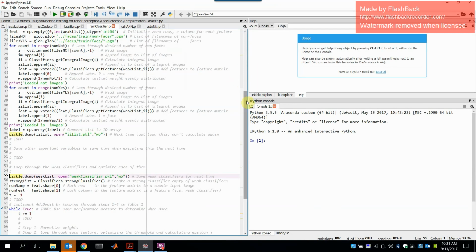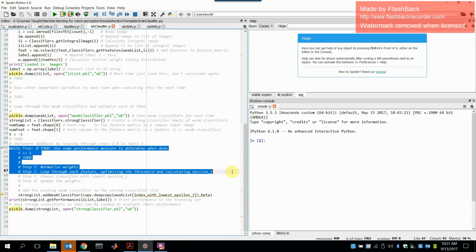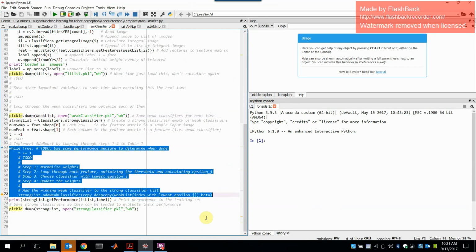So this is the main loop for AdaBoost. And you notice I made it a while loop. I didn't put it as a for loop. At least the way I did it, I wasn't going to set how many classifiers I got. I wanted to keep adding classifiers until I got to a certain criteria.